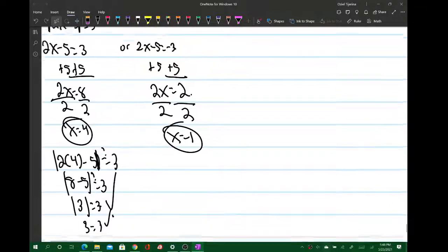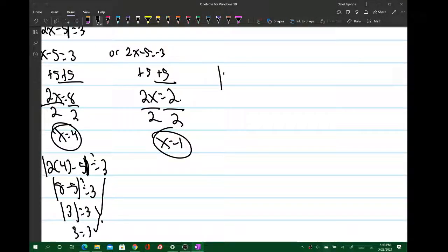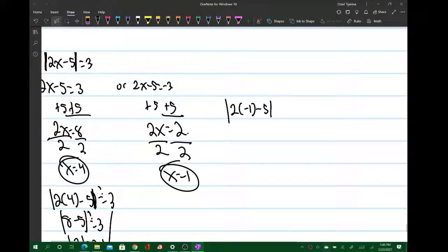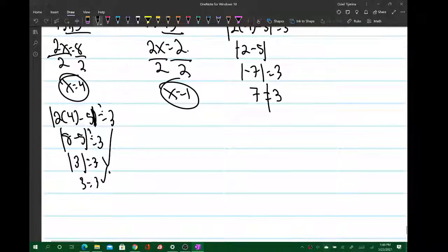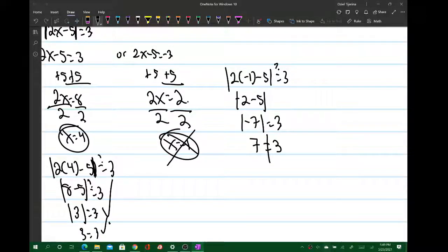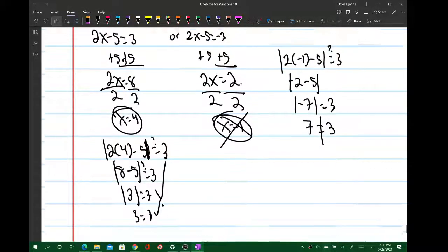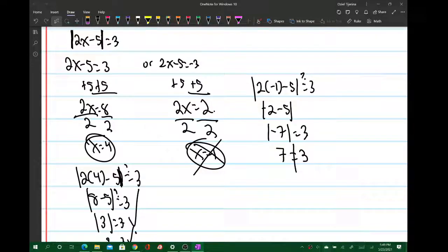And then you do the same thing for this one. You get the absolute value of 2 times negative 1 minus 5, is that equal to 3? You do negative 2 minus 5, right? And then you get the absolute value of negative 7 equals 3. So basically you have 7 equals 3, which is a false statement. So x equals negative 1 cannot be a solution. Oh, wait a minute, my bad.